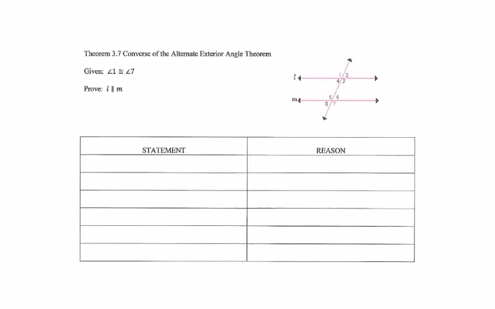And finally, theorem 3-7, converse of alternate exterior angles theorem. We're given angle 1 is congruent to angle 7. So angle 1 is congruent to angle 7. It's given. All right. So given that information, I can say that 1 is congruent with angle 3, vertical pair.